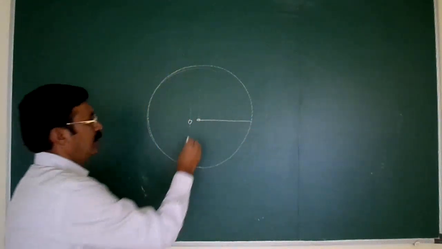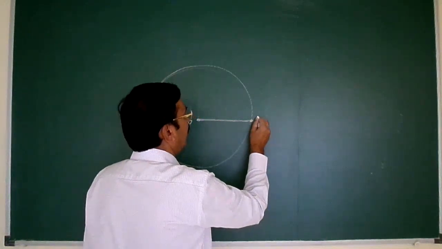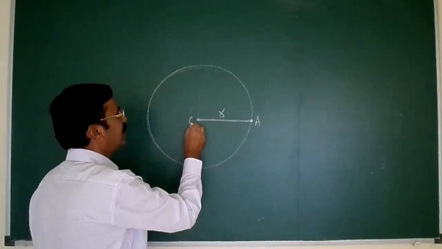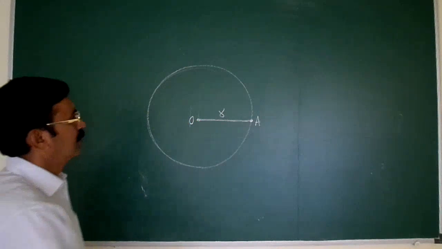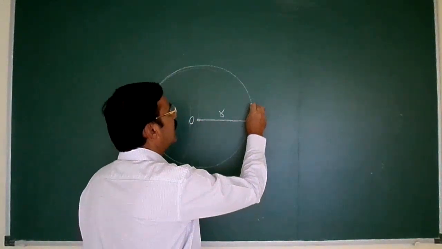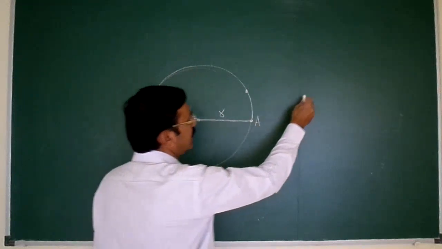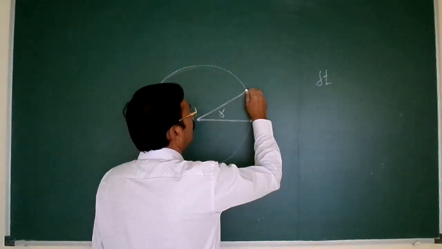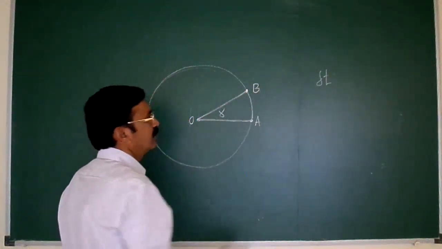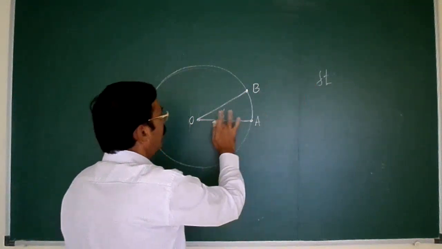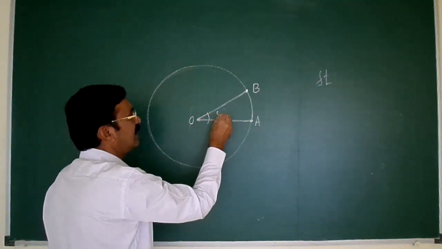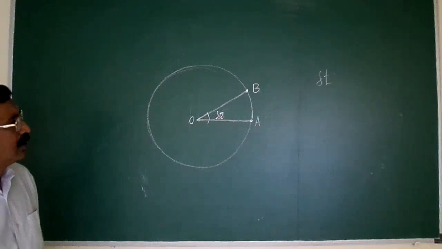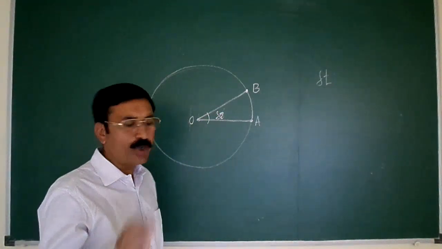Suppose initially the particle is present at position A on the circumference of the circle whose radius is r and center at O. As the particle starts moving for a very small time interval, say delta t, it acquires the position say B after time delta t, so that it inscribes an angle delta theta. Angle delta theta is a small angle.